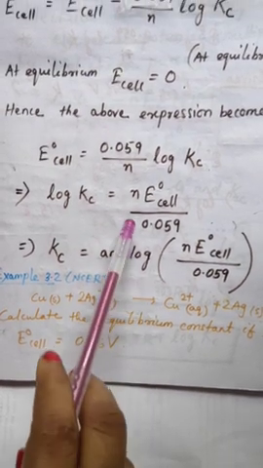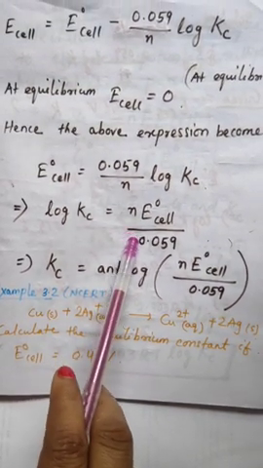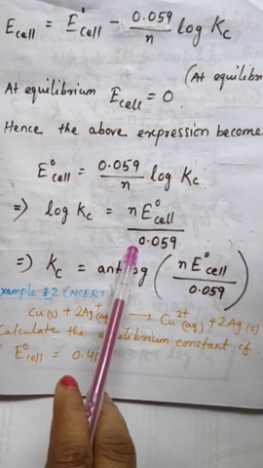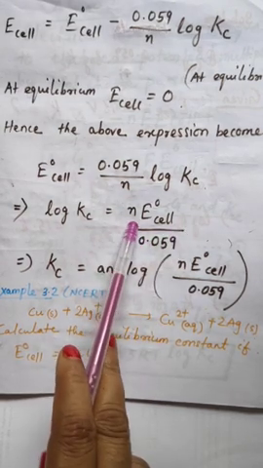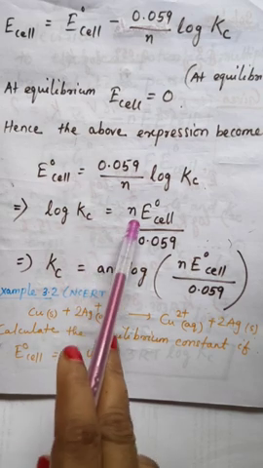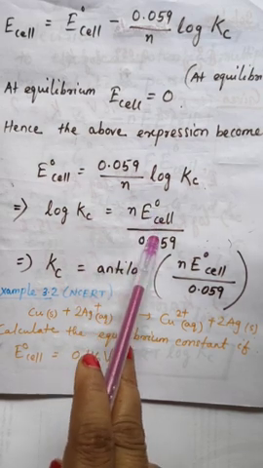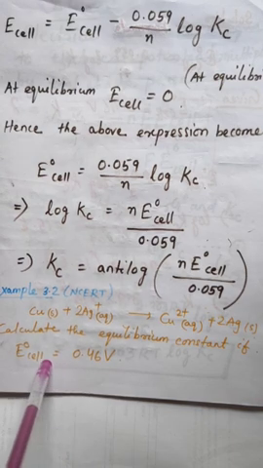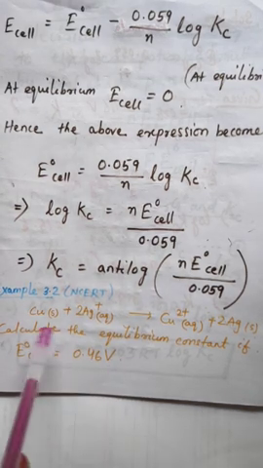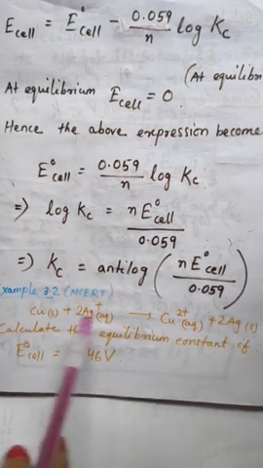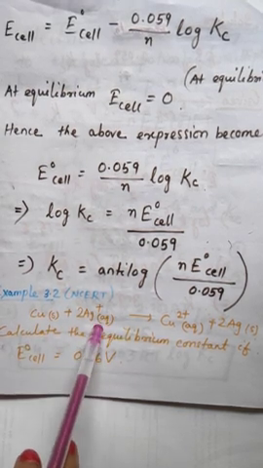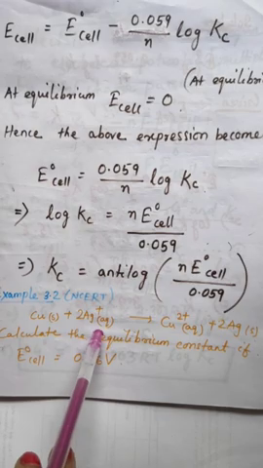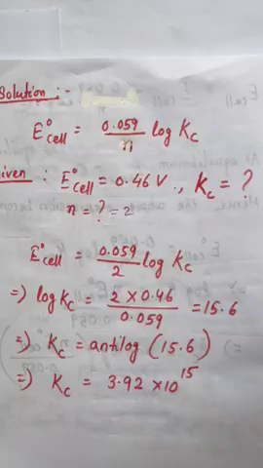This is the expression for finding the equilibrium constant. Here you need only two things: how many electrons are transferred from anode to cathode, and the value of E naught cell. In the question E naught cell is given, and if you observe the equation, you will find that from anode to cathode the number of electrons transferred is equal to 2.